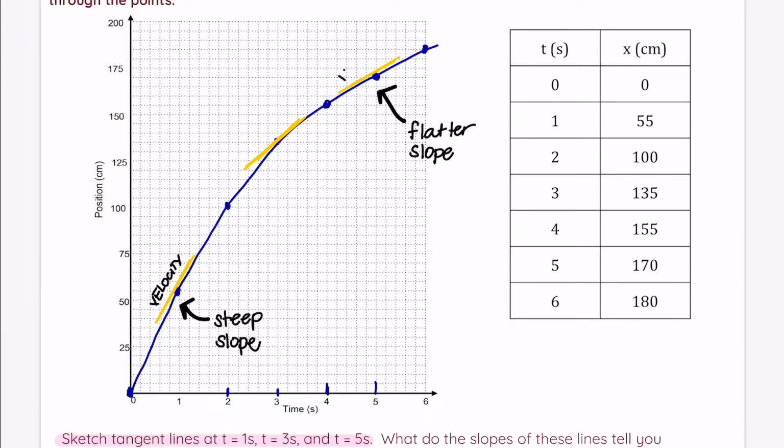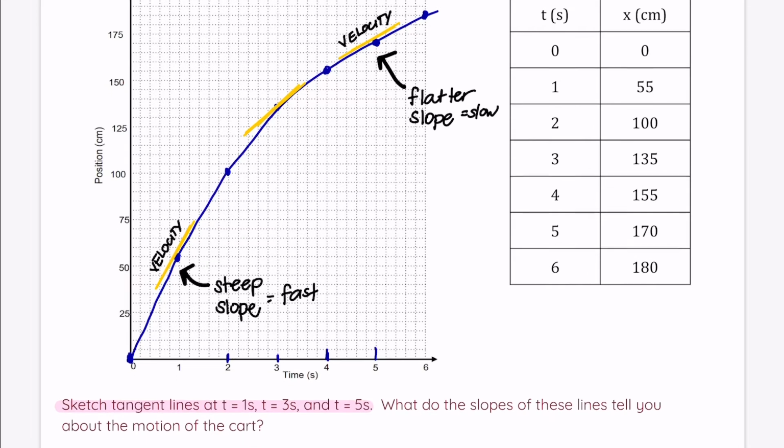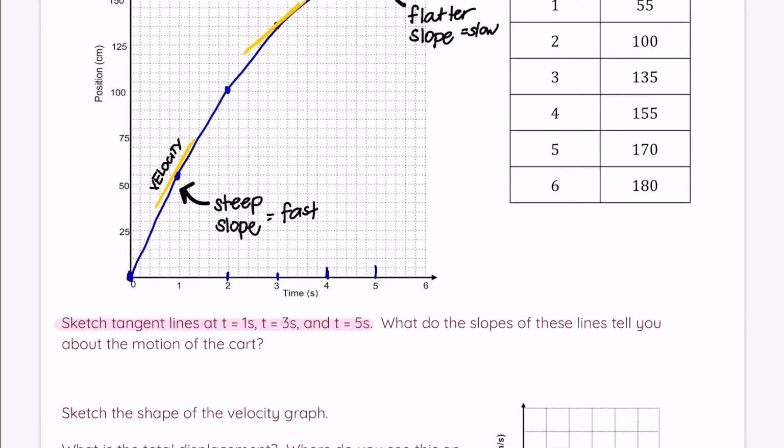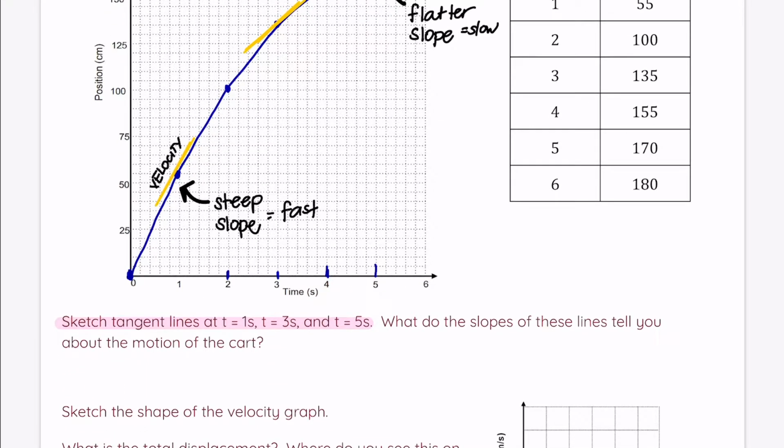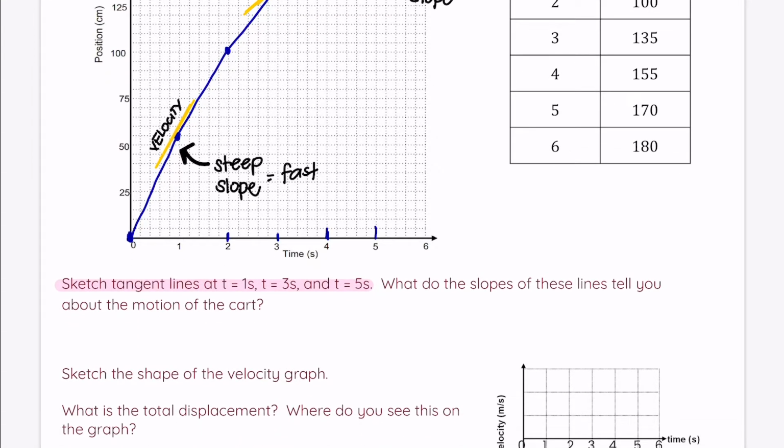So if it's a steep slope, then that means it's kind of fast. And a flatter slope would represent something that's kind of moving slow. And so objects that are coming from a fast velocity and getting to a slow velocity, we would say that object is slowing down.